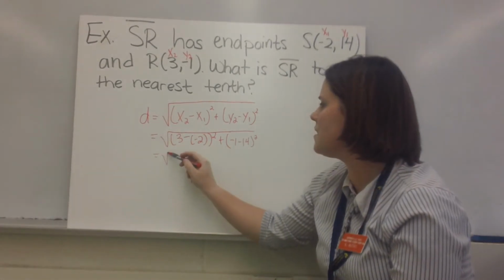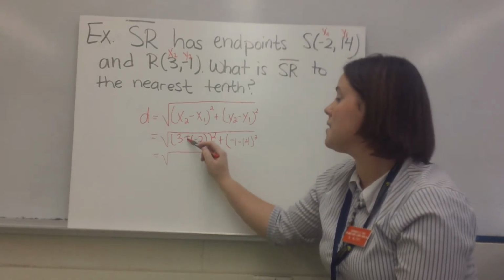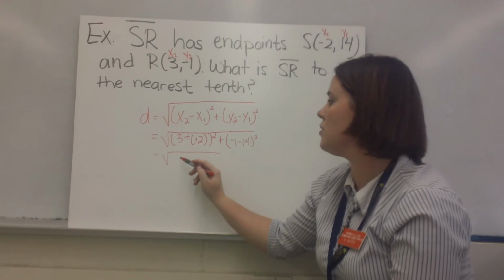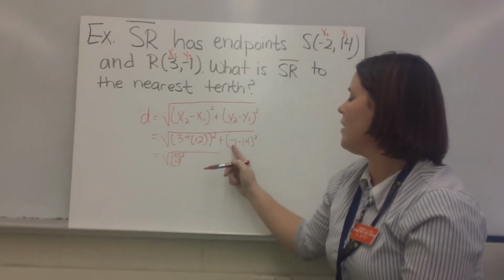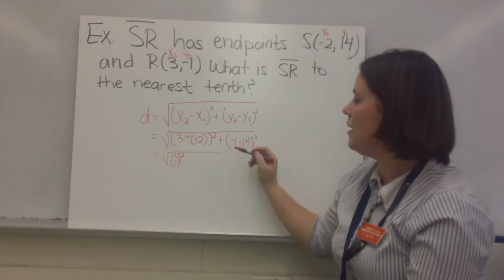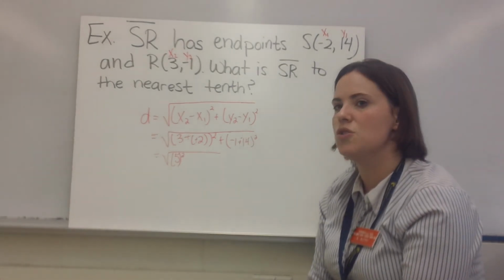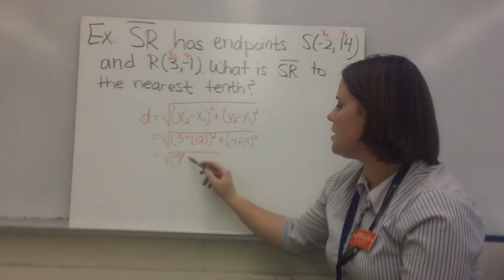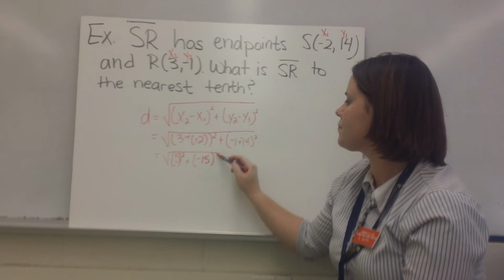Inside your parentheses here, you have 3 minus -2. A minus and a minus make a positive, so 3 plus 2 is 5, so you get 5 squared. And then right here you have -1 minus 14. I can change this to a plus and make that a minus, so they're the same signs, you add them. 14 plus 1 is 15, so it's going to be -15 squared.